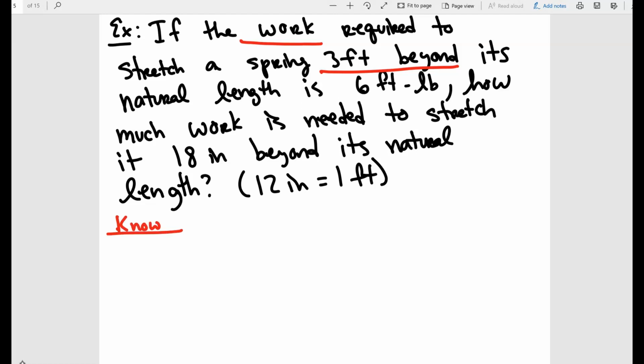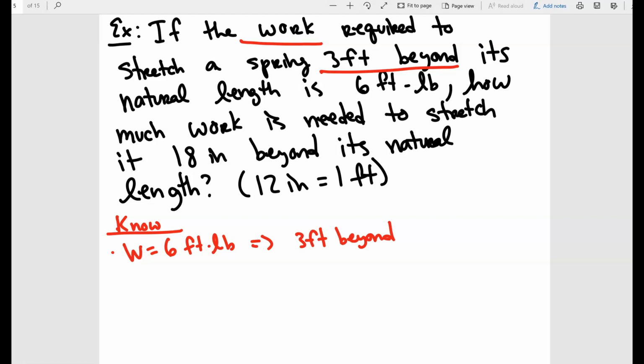What we know is that it requires a work of 6 foot-pounds to stretch it 3 feet beyond its natural length.